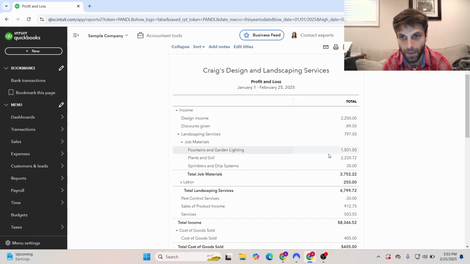So you'll see total for job materials $37.52. Total for labor, $250. $37.52 plus $250 is close to $4,000. $4,000 plus this $797 is about $4,048.99, right?